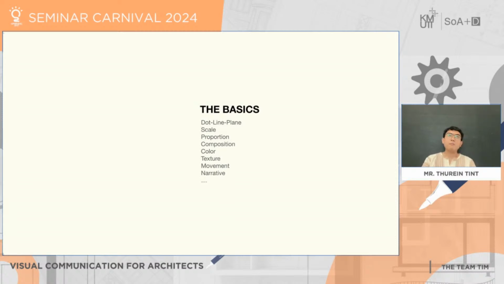So I found myself, especially later in third year, and of course definitely in fourth year, and now I'm working professionally as a graphic designer, all of these topics are things that I regularly go back and visit. Like for example, dot line plane, scale and proportion and composition. Those are the things that kind of innately are there already.